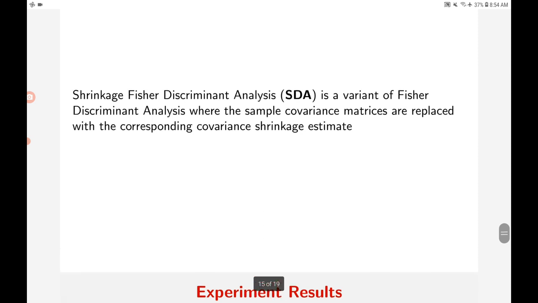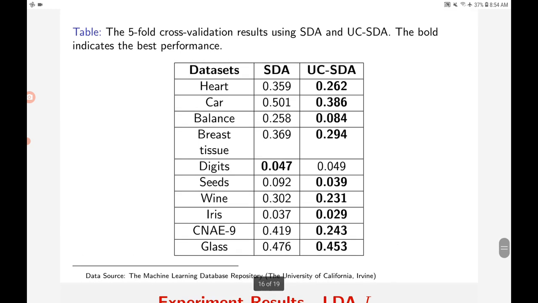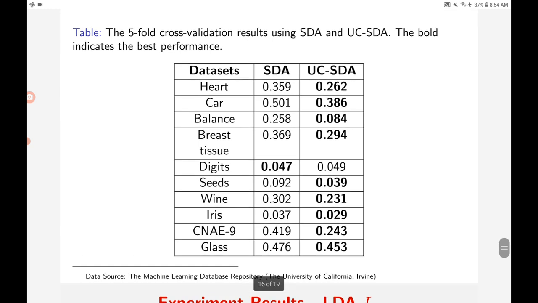We also try to apply our framework on shrinkage Fisher discriminant analysis, which is a variant of Fisher discriminant analysis where the sample covariance matrices are replaced with the corresponding covariance shrinkage estimates. The results are shown in this table.